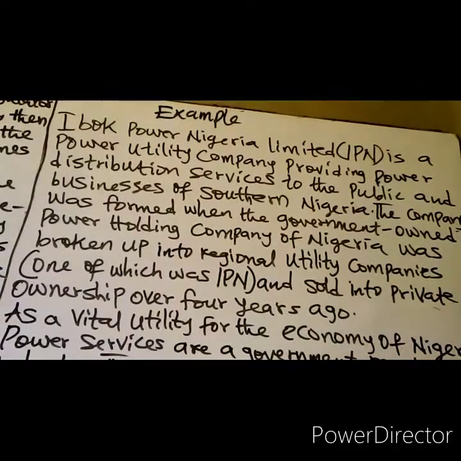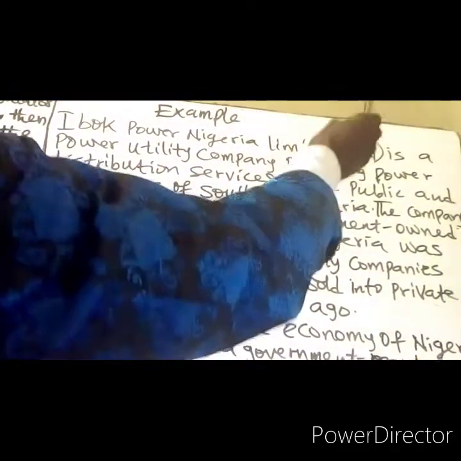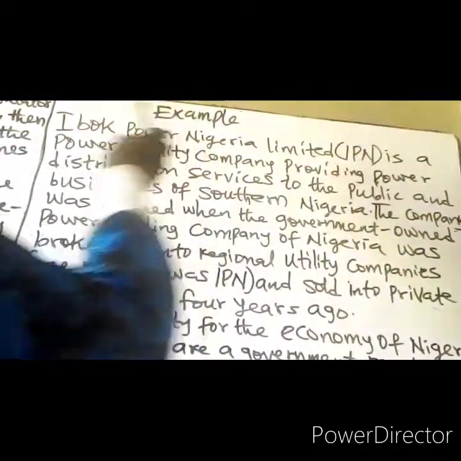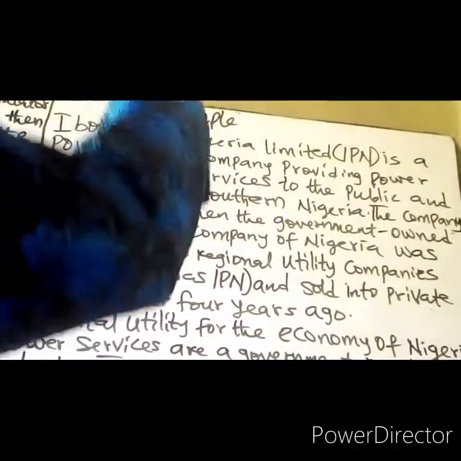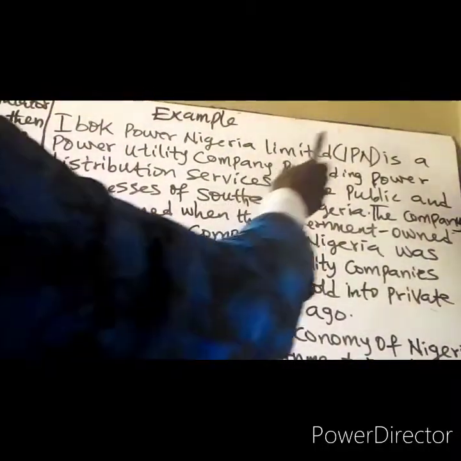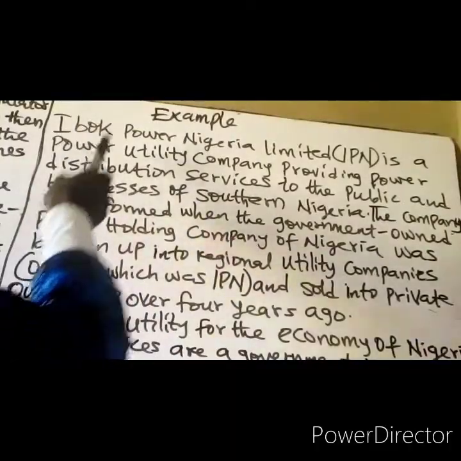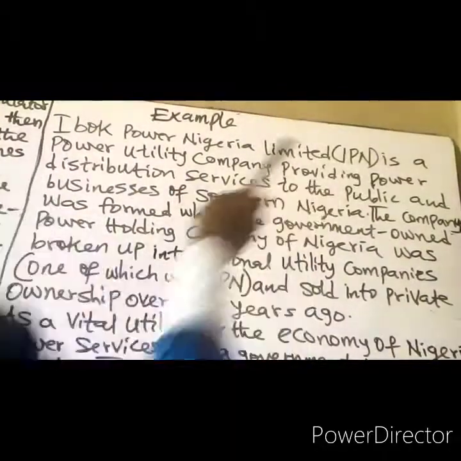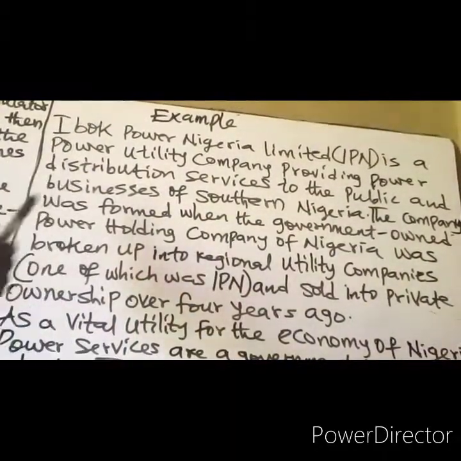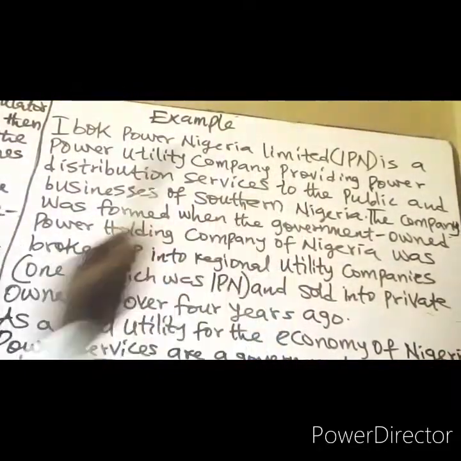Epoch Power Nigeria Limited, IPN, is a power utility company providing power distribution services to the public and businesses of southern Nigeria.